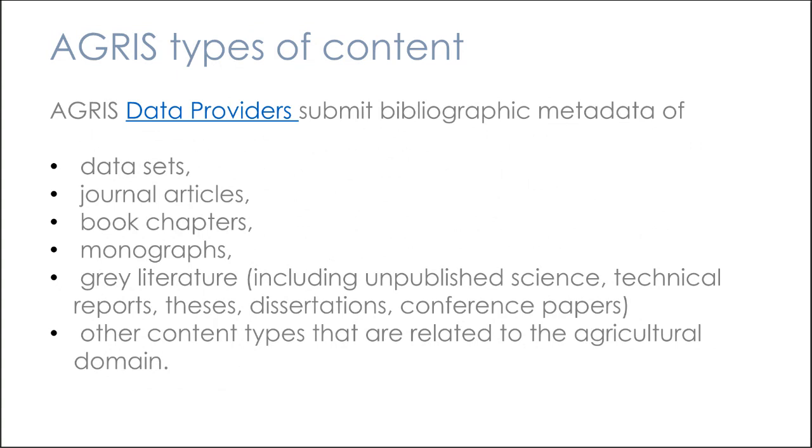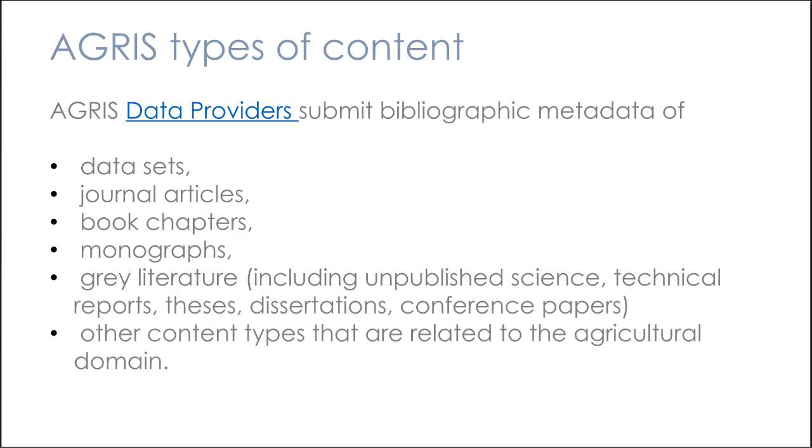So what do we have as types of content in AGRIS? Our data providers have submitted bibliographic metadata of course, data sets. This is new. Then we have many journal articles. We have metadata about book chapters, monographs, gray literature. This is also what we are welcoming.